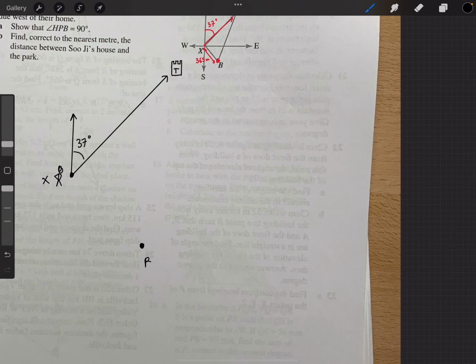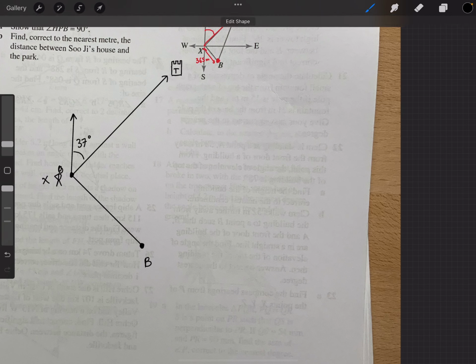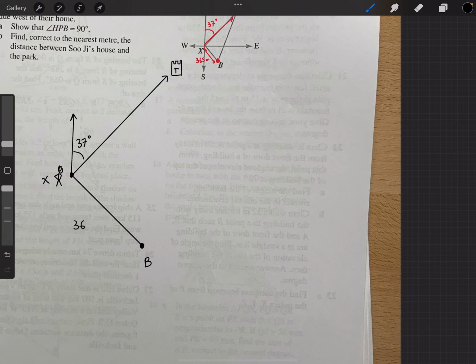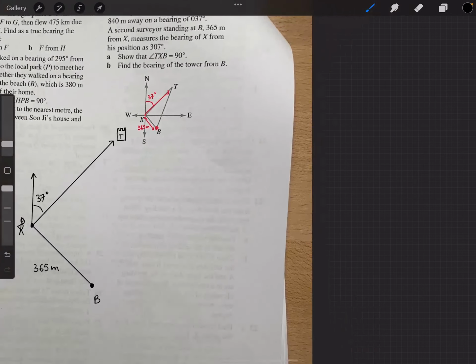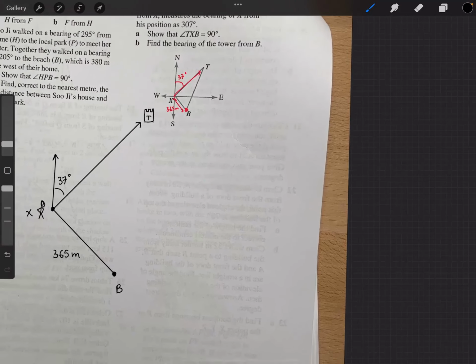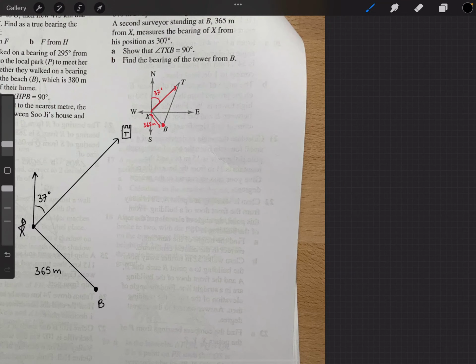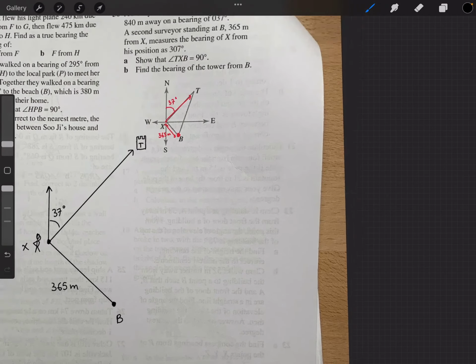And this surveyor is 365 meters away from X. And it says the bearing of X from his position is 307 degrees.